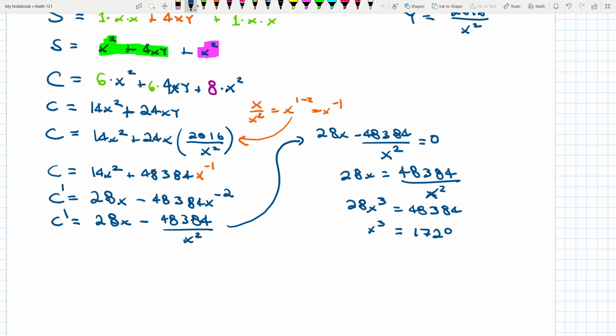1728. Okay, so what happened here? We divided both sides by 28, and x equals the cube root of 1728, which is a perfect cube, this happens to be 12 feet. All right, is it feet or inches?